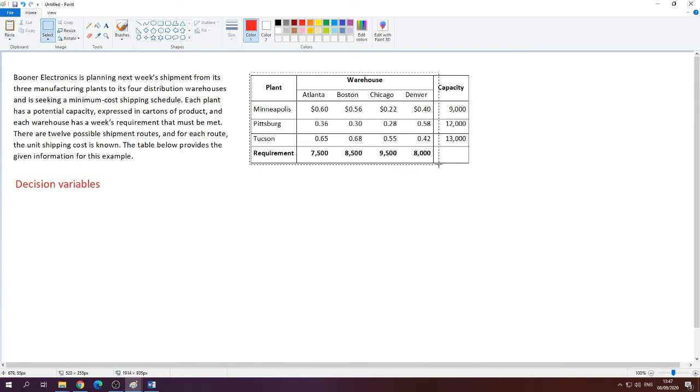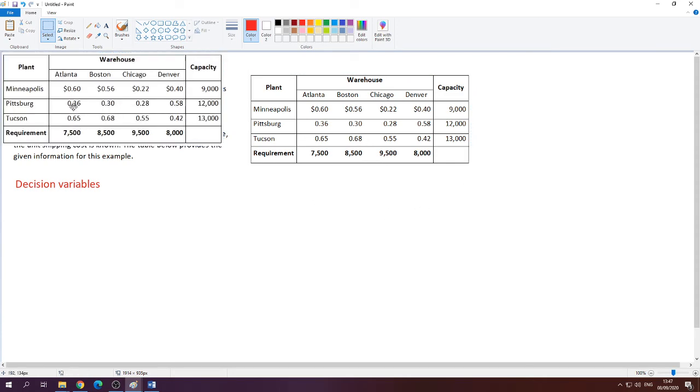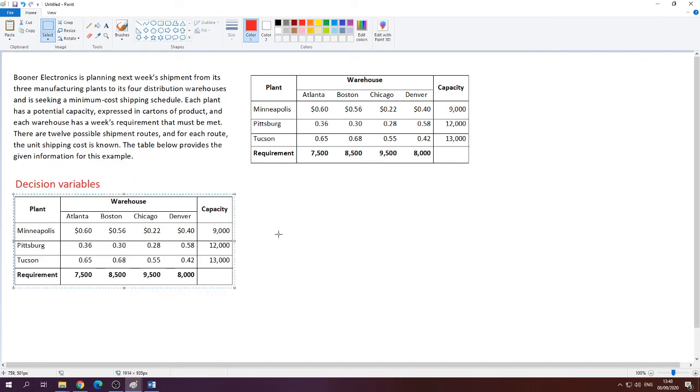Just copy everything. Okay, so I'm gonna erase all the numbers that we have over here. I think I'm gonna leave those numbers in the last column and in the last row.